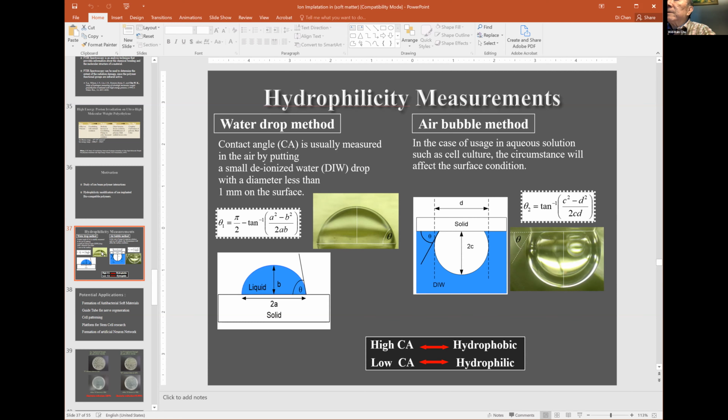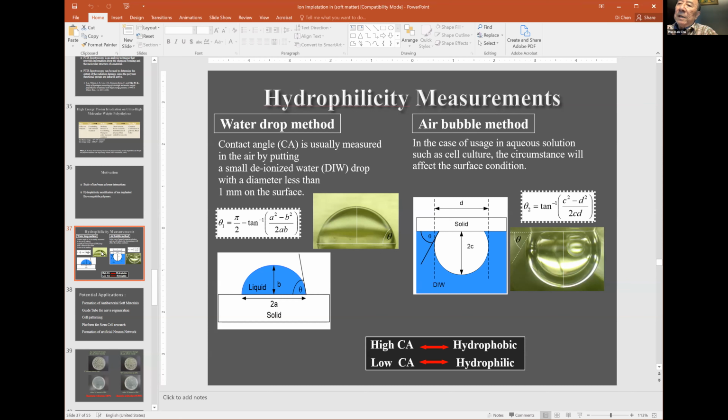By measuring the angle of the water droplet, you can tell whether the solid surface is hydrophilic or hydrophobic. By the time you reach the third figure from the left, this is highly hydrophobic. That means the water doesn't stick to it. So that's very good for using your bubble method.